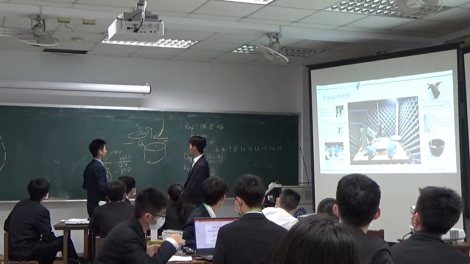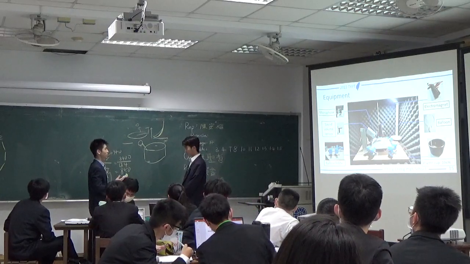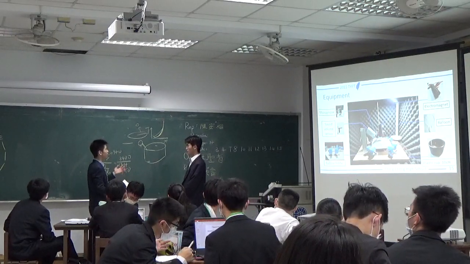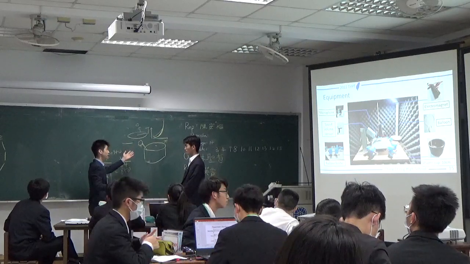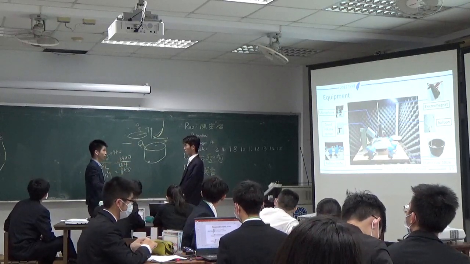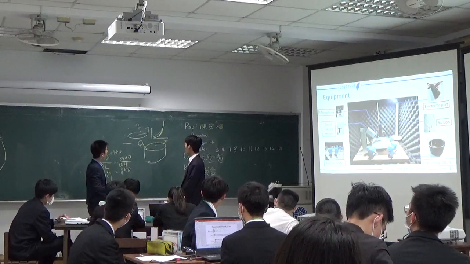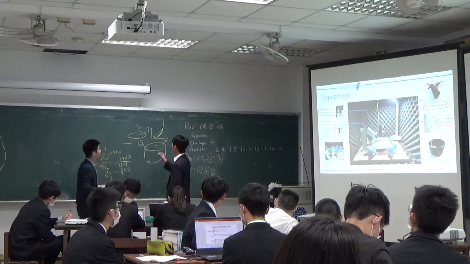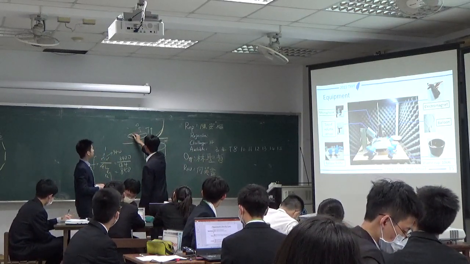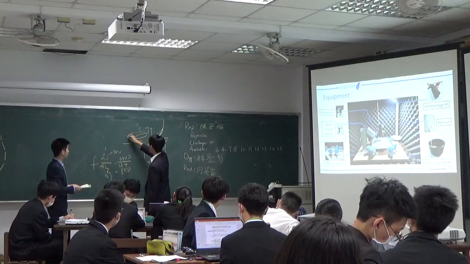I agree with you. However, I'm interested in the frequency too. So what will it be if we do not throw the ball into the center? Will the frequency be higher or lower or not changing? Oh, okay. Because we consider a standing wave from the center to the border up here.